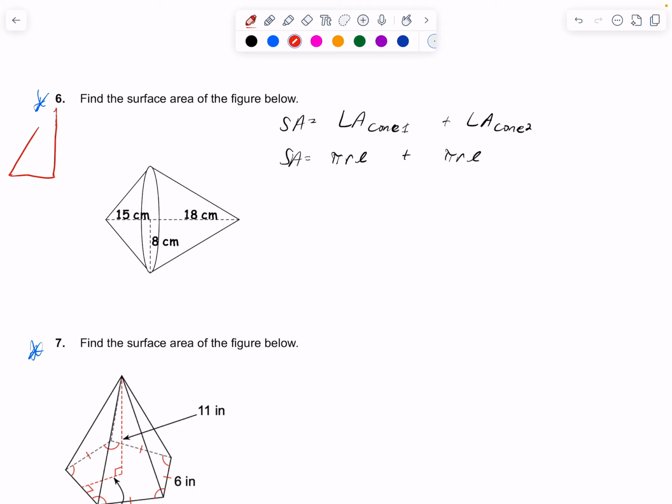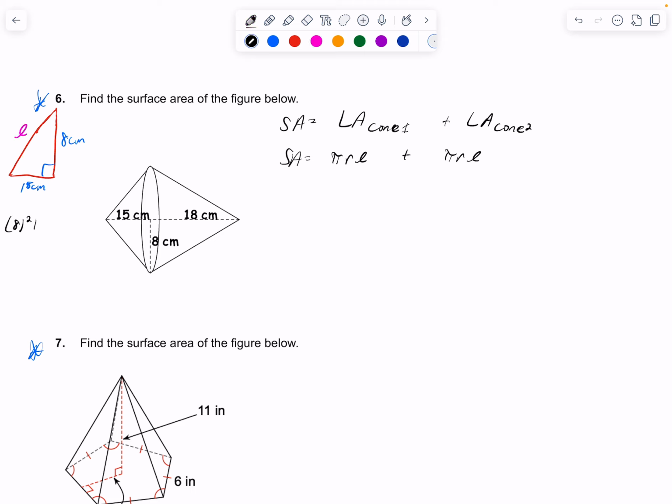So here's what I'll use as my left cone. So this is 15 centimeters here, and then we have our 8 centimeters there. All right, and then we are going to have our right angle, so we need to figure out the slant height, which is going to go there. So that's going to be using the Pythagorean theorem.